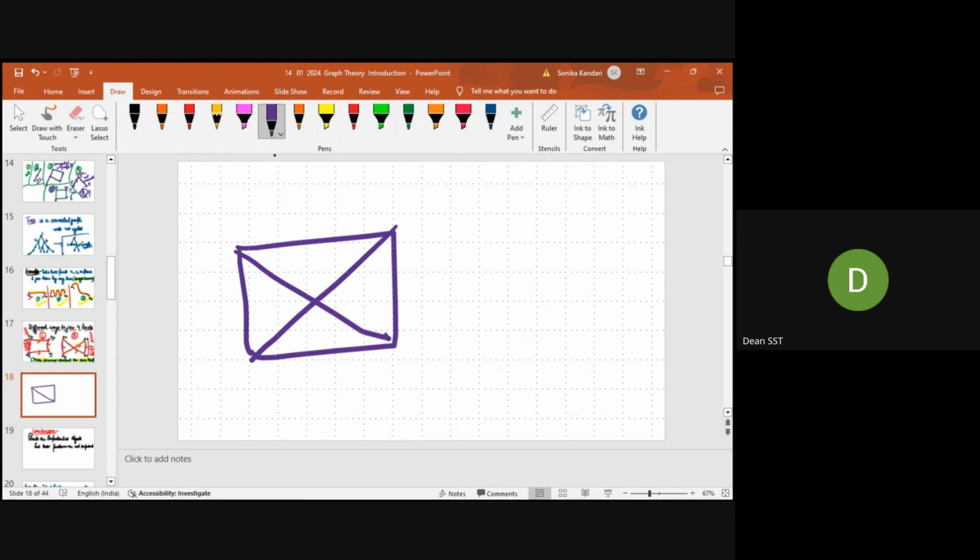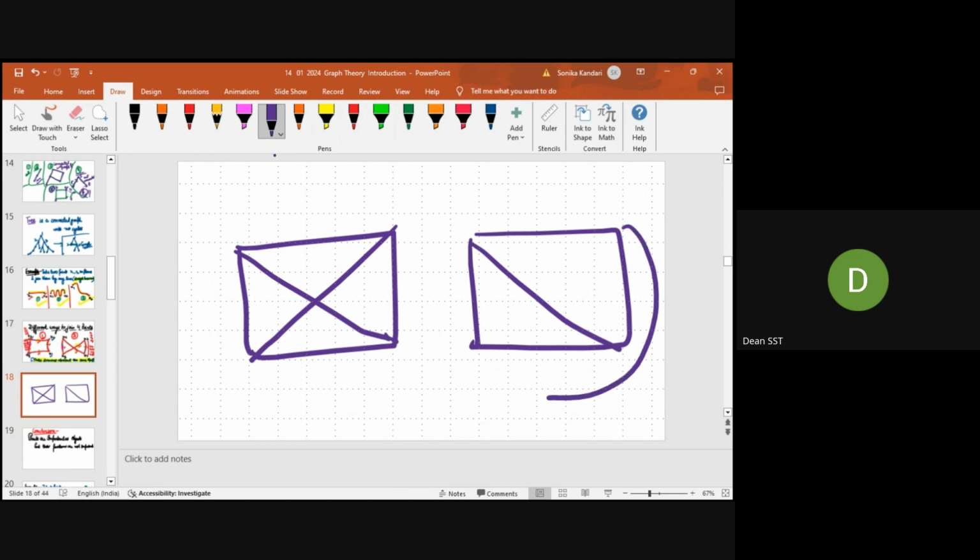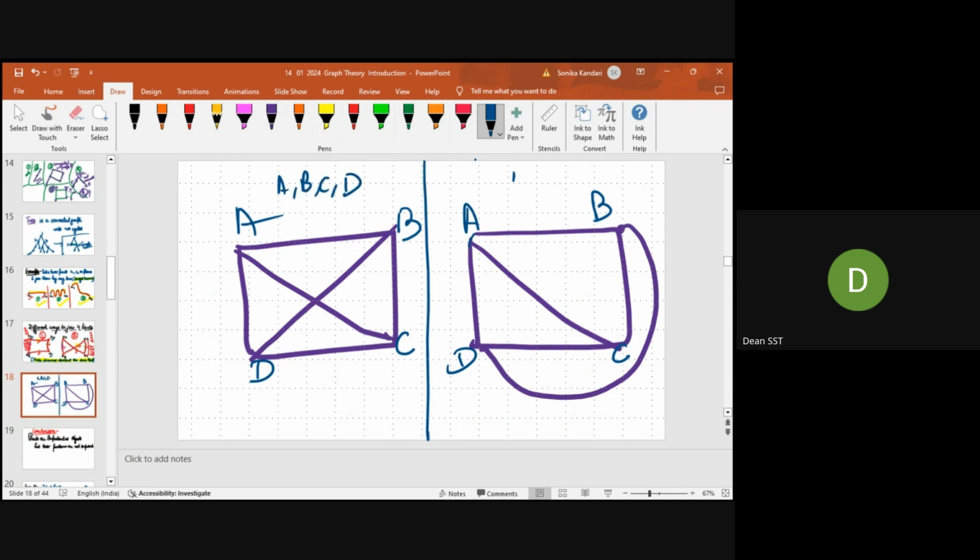suppose you are having a graph like this, and you are having a graph like this. Both are same. A, B, C, D. A, B, C, D. See, 4 vertices A, B, C, D. Here also we are having 4 vertices A, B, C, and D. What are the edges?